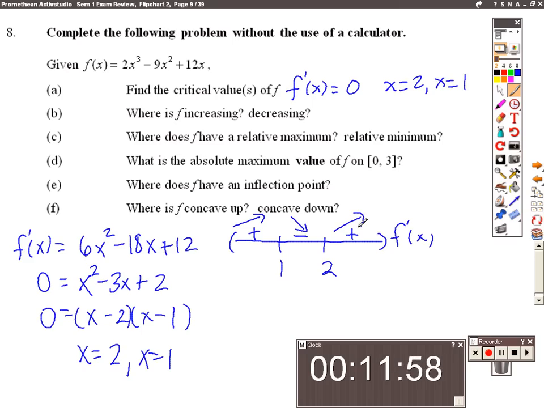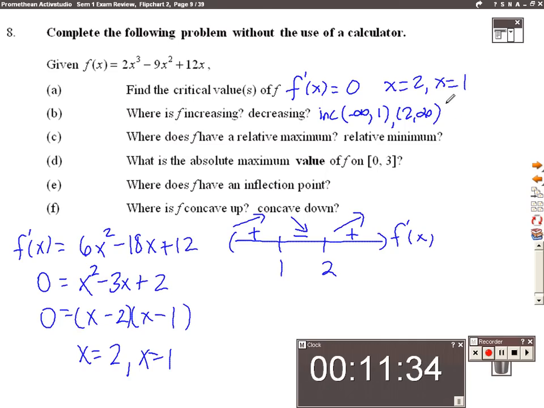Now remember, the pluses and minuses are what the first derivative is doing in terms of sign. The arrows are what the original function is doing. So our function is increasing from negative infinity to 1, and then again from 2 to infinity, and decreasing from 1 to 2.